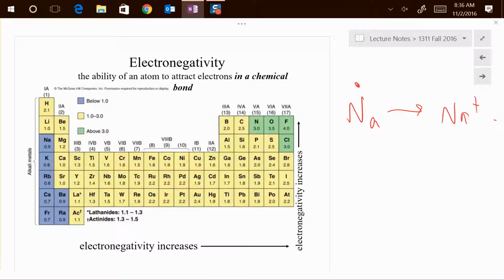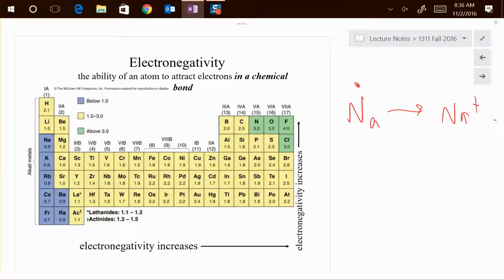Oxygen doesn't want to give its electrons away to chlorine, because it has a high ionization energy. So does chlorine. Chlorine and oxygen have high ionization energies. So you put them together, they're not going to be like, okay, I'll give you mine and you can have them. Nope, that's not how they're going to act.